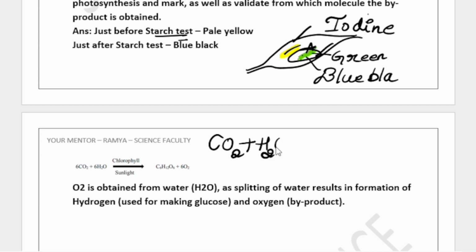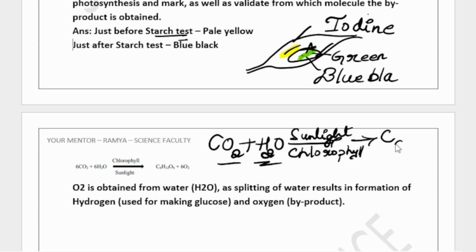So this carbon dioxide and water, in the presence of sunlight, always you must write this on this arrow mark, my dear students, sunlight, and also in the presence of chlorophyll. In the presence of sunlight and chlorophyll, what happened? This carbon dioxide and water will prepare the glucose. Formula of glucose is C6H12O6. Along with this, what is being released? Oxygen and the water molecules are also being released, my dear students. So this equation you have to write to represent the photosynthesis.